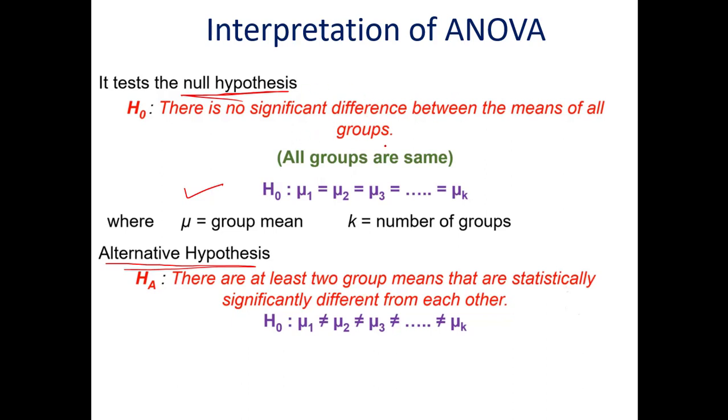In the alternate hypothesis, we assume the contradiction: at least two group means are statistically significantly different from each other. In simple words, mu1 is not equal to mu2 is not equal to mu3 and so on.